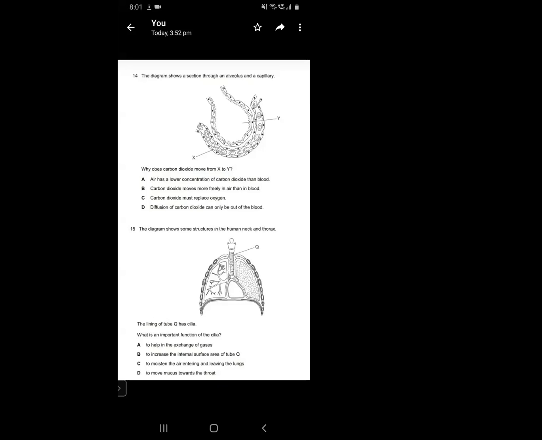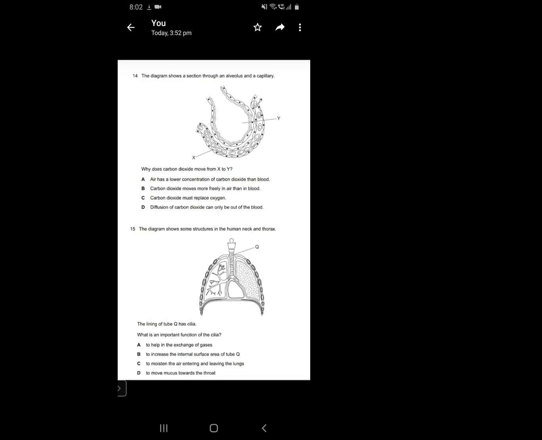So why does carbon dioxide move from X to Y? One thing that we know before reading the options is that the movement is called diffusion and it is due to the concentration gradient. Now, air has a lower concentration of carbon dioxide than blood. Yes, that's true, and that is responsible for the diffusion of carbon dioxide. But we will check the rest of the options before we mark that correct.